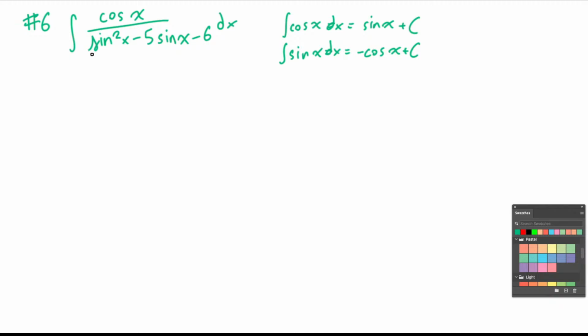So if we use substitution, u equals sine squared x, then du would equal 2 cosine x. Sine x would equal square root of u, and du over 2 would equal cosine x dx.